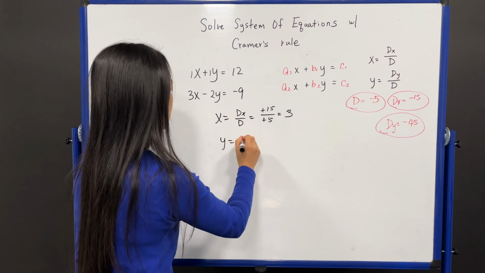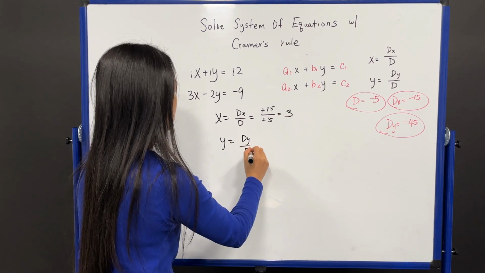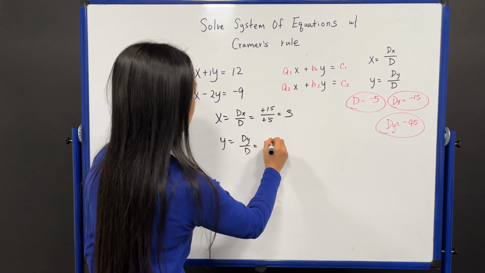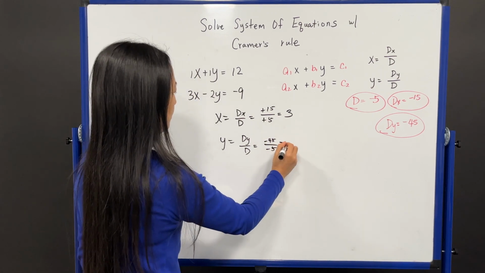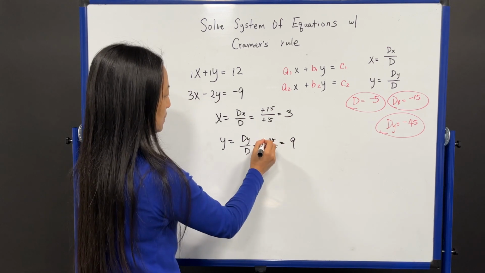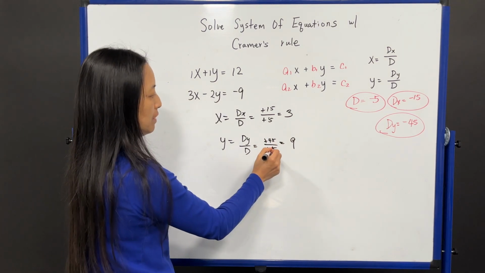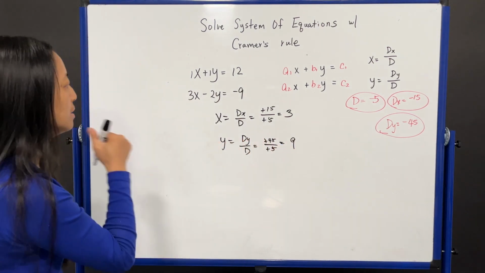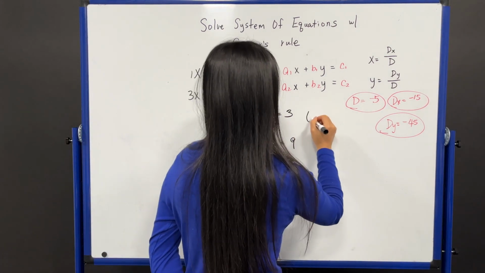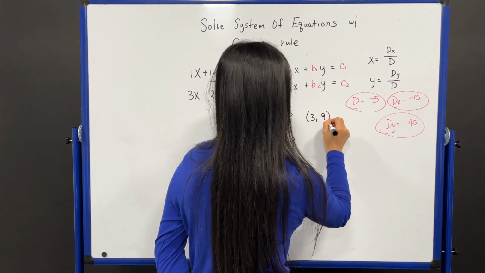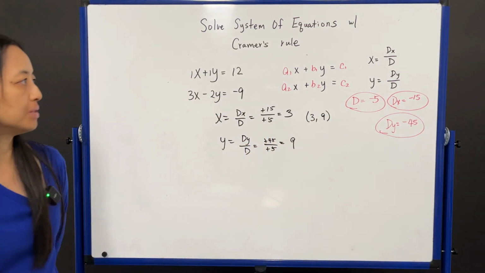And y is going to equal Dy over D, and that's negative 45 divided by negative 5. And we get 9, because remember, the negative sign is going to cancel. 45 divided by 5 is going to give us 9. So we have our x and y, our ordered pair solution, 3, 9. And that's our answer over there.